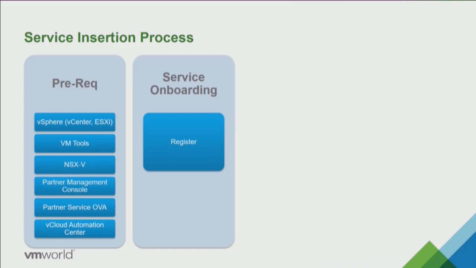So you see partners like next-gen firewall, IDS, and IPS show up in this catalog. Now the NSX admin has a way to deploy and consume this service. NSX helps in deploying this not just on one host; if you have 100 hosts, it deploys across all these hosts automatically. Once the service is deployed, it's ready to be consumed.